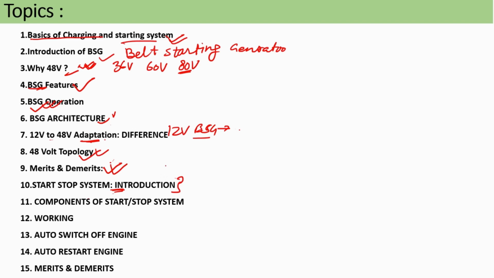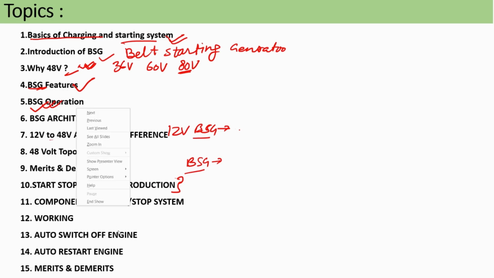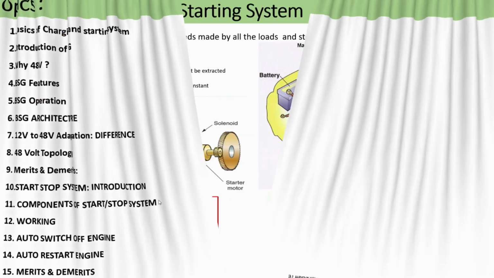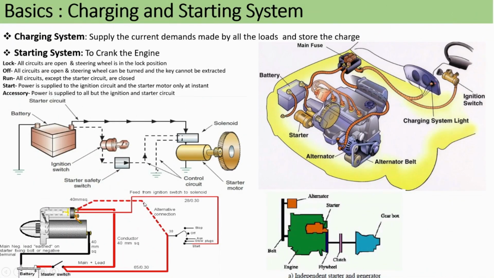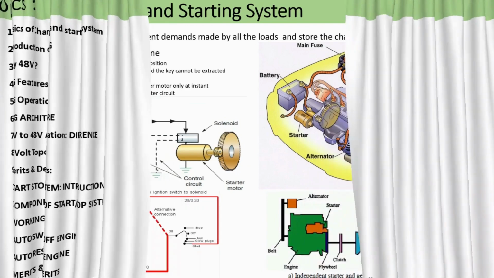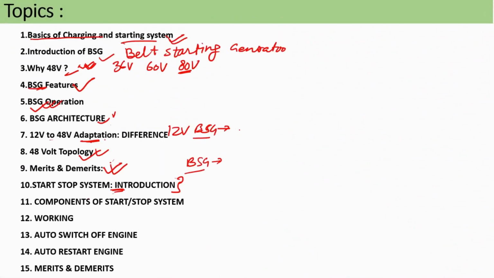What features will come through the BSG? We will see the start stop system, or auto switch off of the engine and restarting. All these things are part of the BSG.